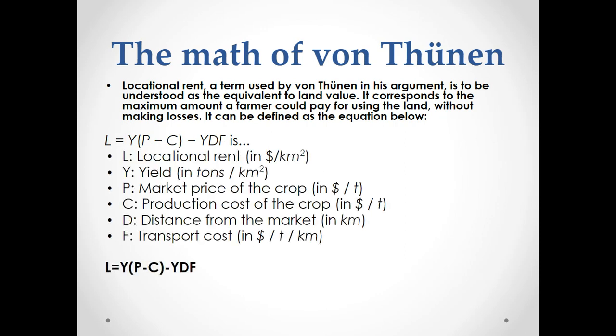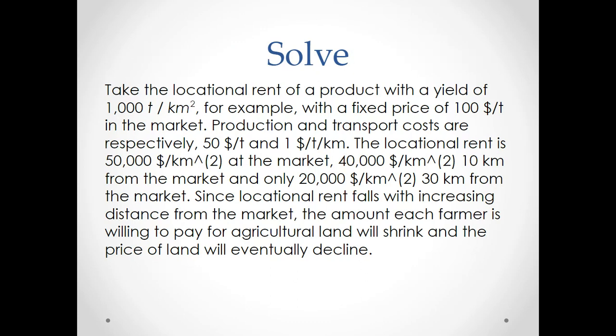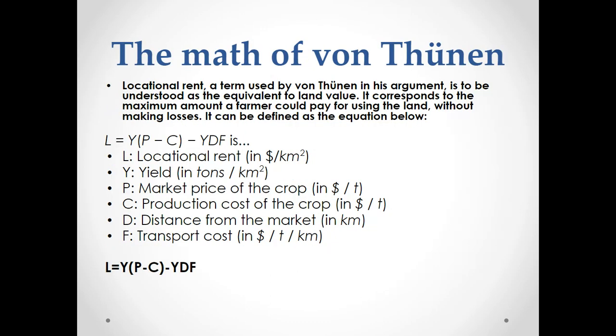So here's a couple of things to keep in mind too. You don't have to do this problem on your own. We do some math in this class, but not so much that it's overwhelming. But the math of von Thunen, so just think about this. You want to break it down in a very understandable way to get this whole model working in your head. Locational rent is a term used by von Thunen in his argument. It's to be understood as the equivalent to land value.